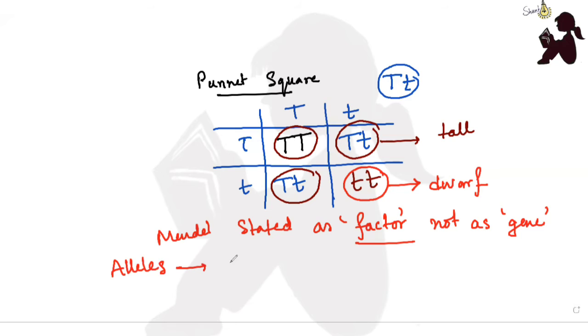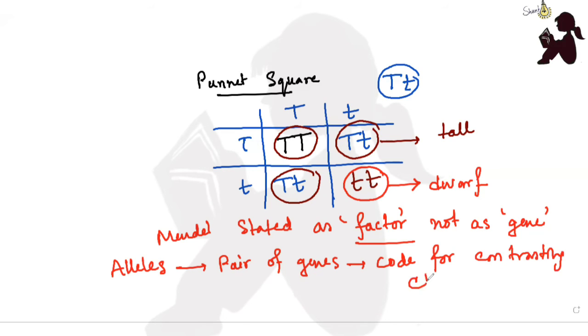Allele means a pair of genes, they code for contrasting characters. Okay, so here the capital T and small t are two alleles.